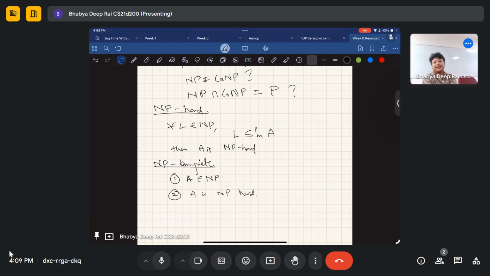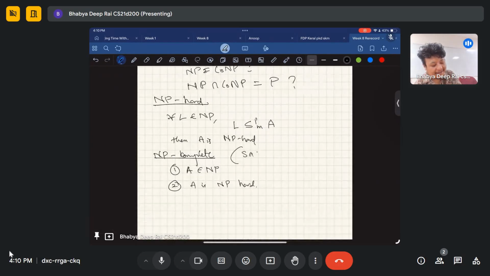So it should also be NP hard and it should also belong to NP. If these are satisfied, then it is NP complete. Examples are SAT, 3SAT, clique, independent set and so on. We can't cover it in detail right now because it's a vast topic, but we'll see as it goes.